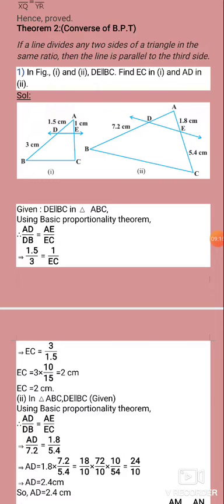To avoid the decimal, we multiply by 10: 1.8 becomes 18, 7.2 becomes 72, and 5.4 becomes 54. Now you can cancel the tens and all those numbers. At last we get 24 by 10, which is equal to 2.4. So AD is equal to 2.4 centimeter.